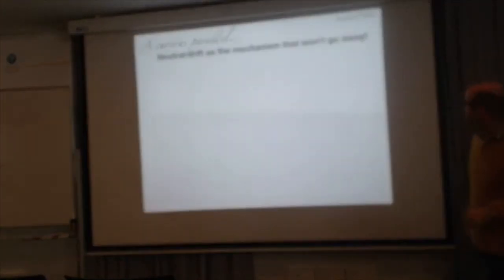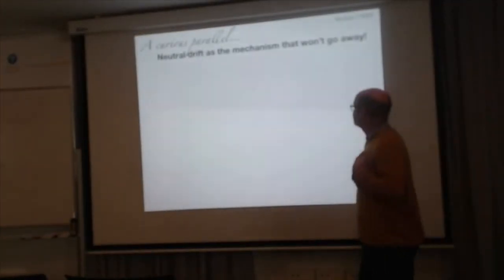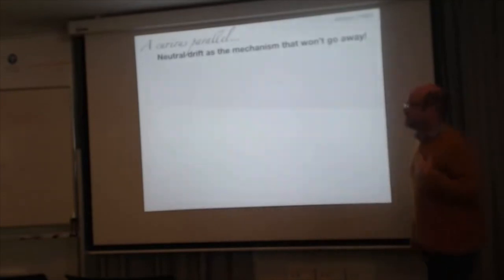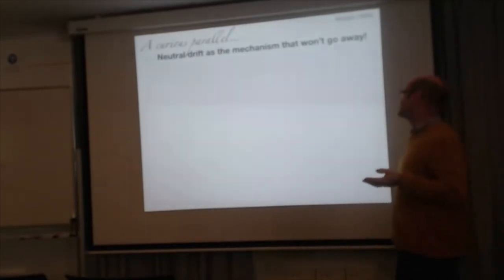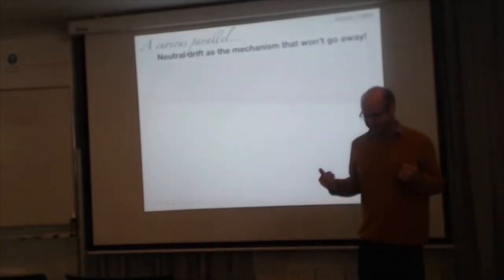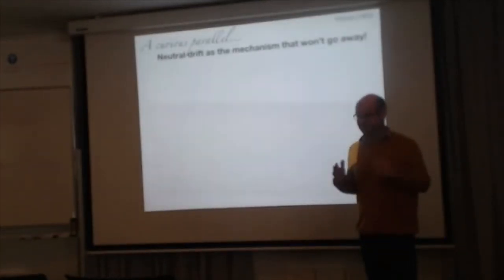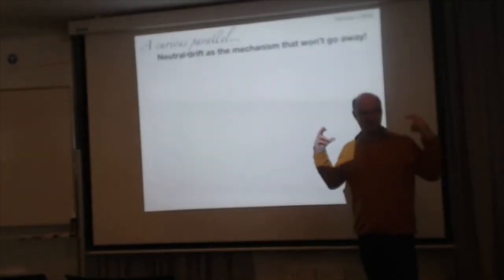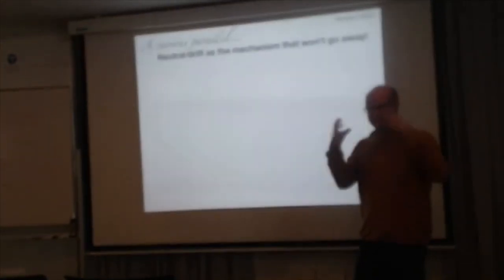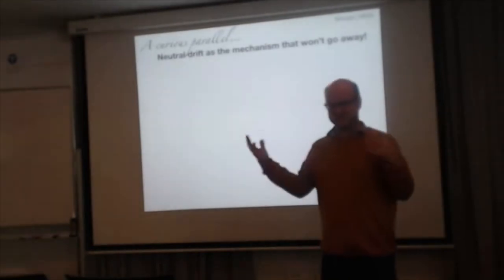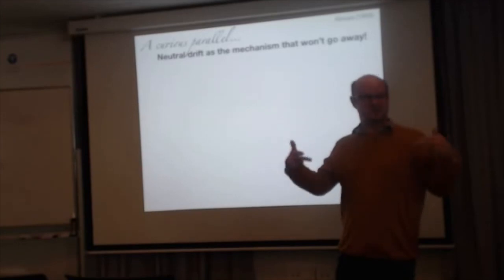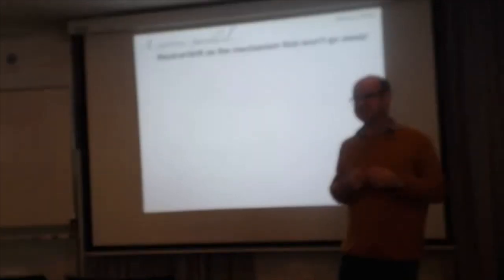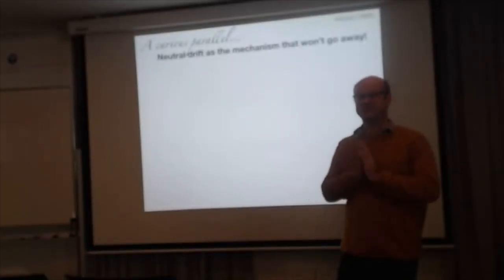So the first is what I refer to as neutral drift being a mechanism that won't go away. I'm going to expand on this over about the next 4 or 5 slides. So neutral drift is the process that I just described where you have no selection at all. All you're doing is saying, I've got this memory sitting in my head, I probabilistically reproduce, say 20%, 80% these things, and then we just update a little bit in response to what each person does, and there's no bias towards one of the variants.